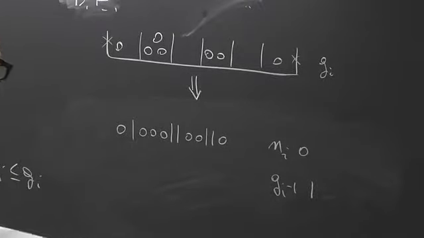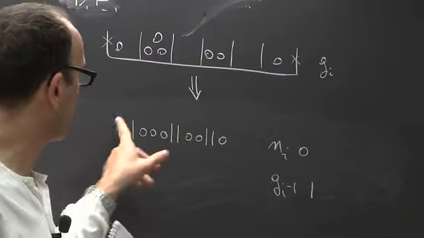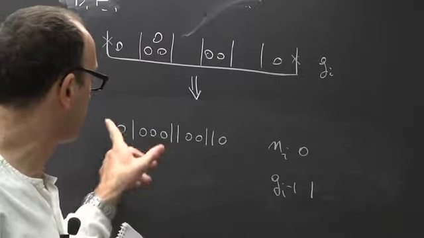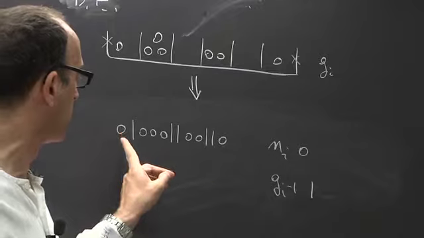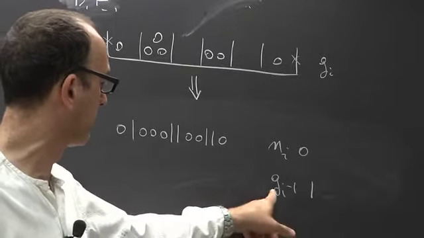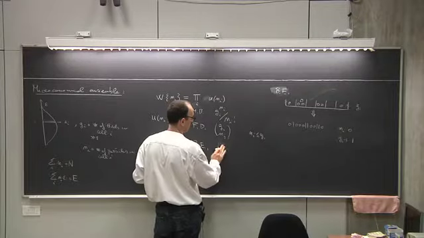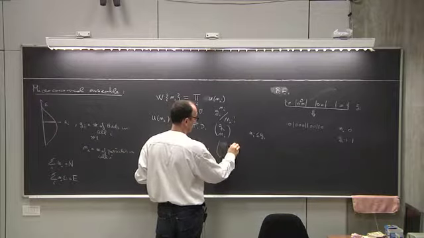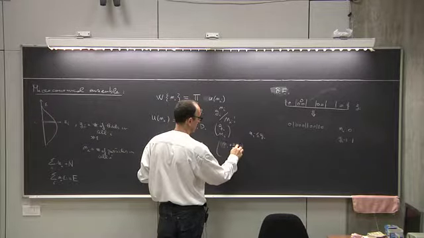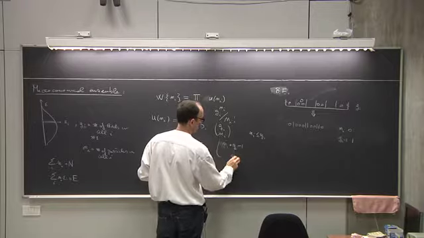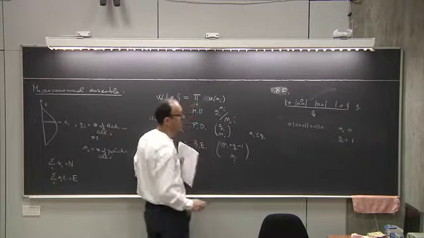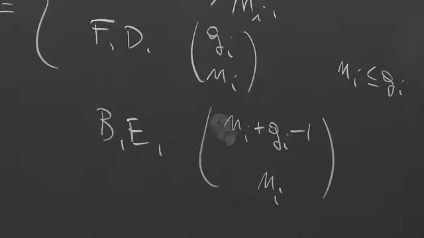Okay. And so, how many distinct configurations of these ni plus gi minus 1 objects can I have? This is again the combinatorial factor, ni plus gi minus 1 choose ni. Okay?